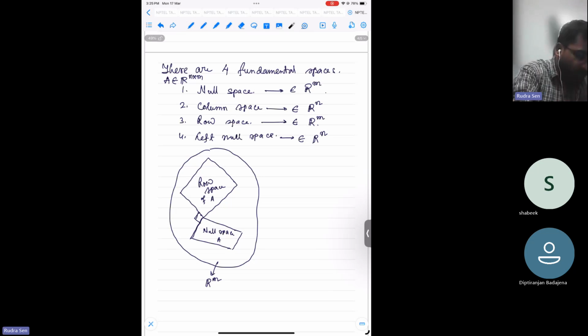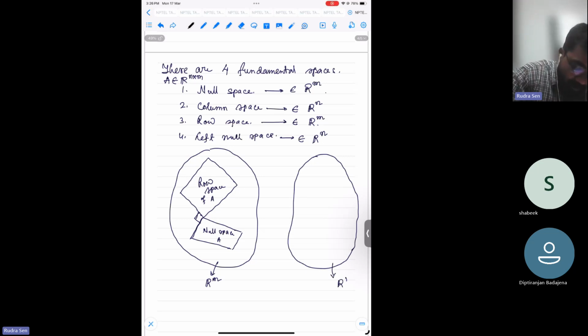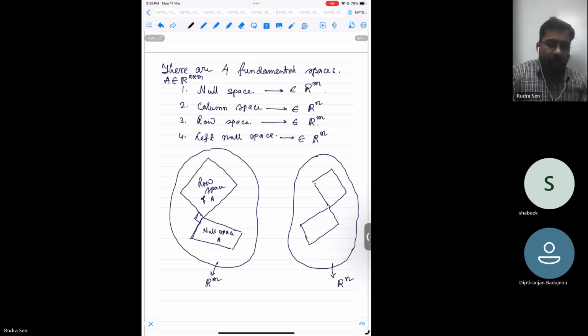Okay. Now if we see Rn dimension, in Rn, the column space and left null space are there. So if this is the Rn space, and this one is the column space of A, then this should be the left null space of A, or called null space of A transpose.